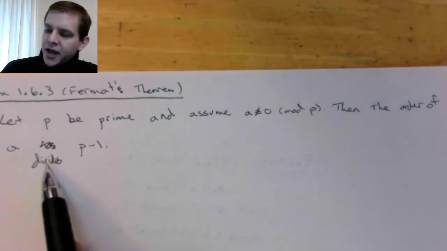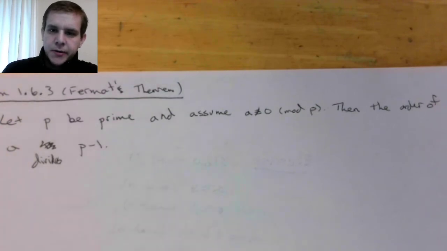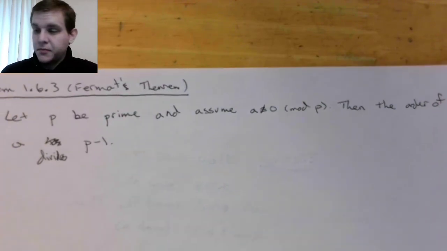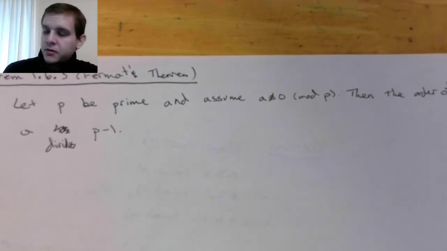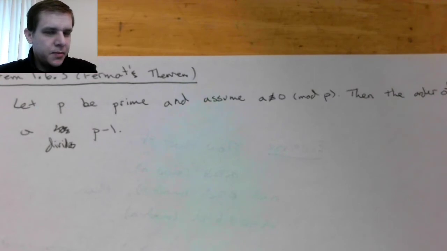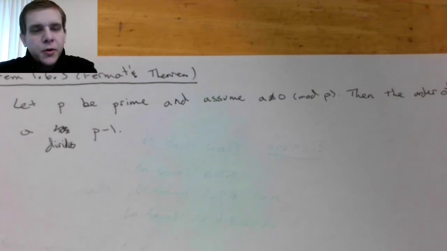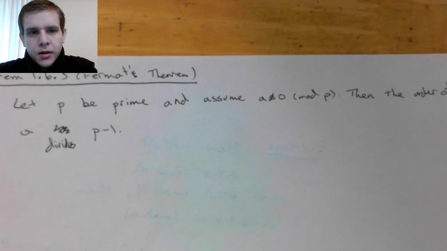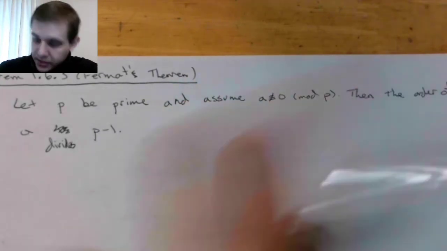Then the order of a divides p minus 1. It's a very nice theorem. We know the order of elements in a prime modulus. Or we don't know the order exactly because it could divide p minus 1, but we know exactly this.